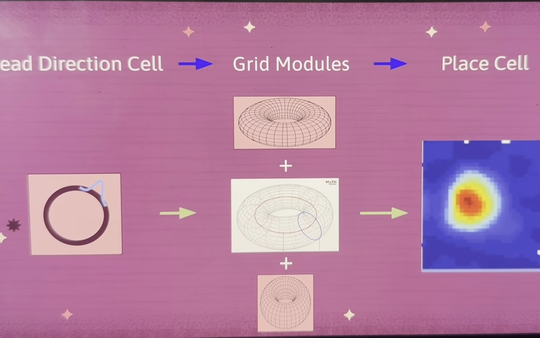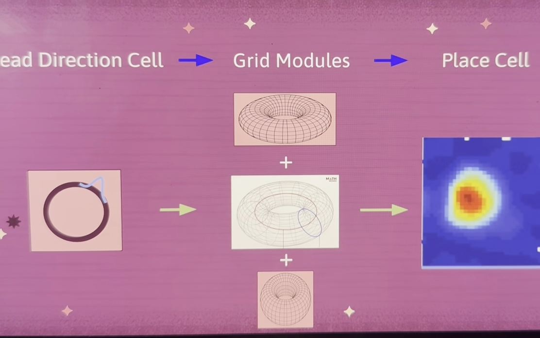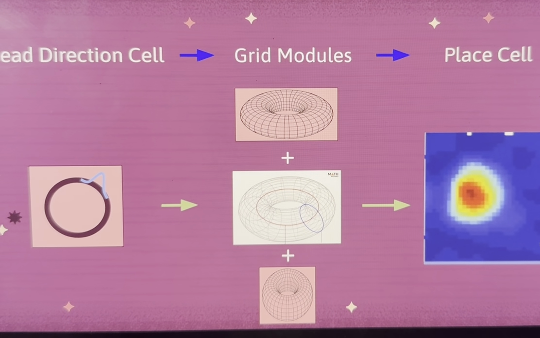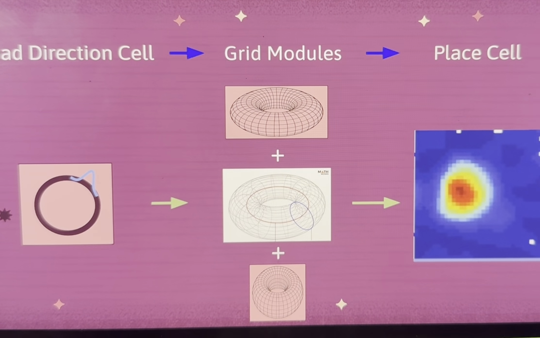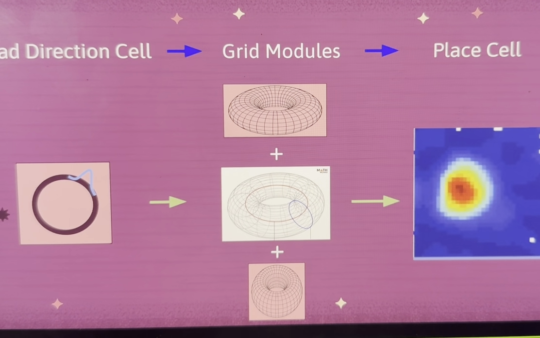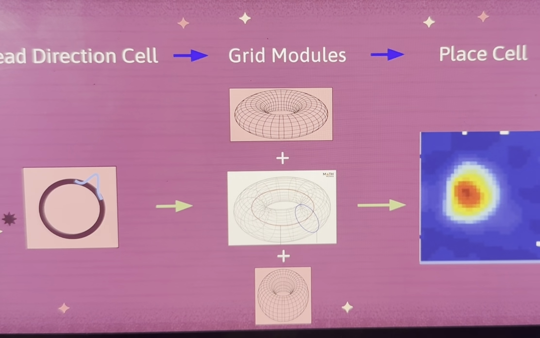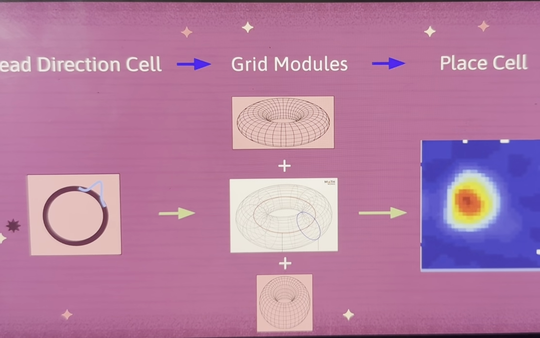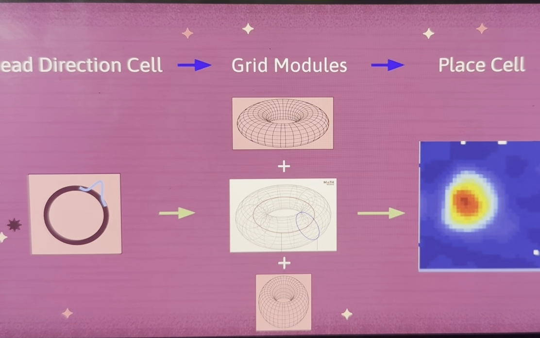In this case, the inputs will focus on our head direction cells for orientation and speed cells for speed, which allow the animal to find its position. But there are other inputs into this. The shape of the torus on screen, or the donut shape, will be explained in a minute. As explained previously, grid cells are part of modules, and so the outputs of not three, but multiple of these modules are what feed into a place cell for it to activate.